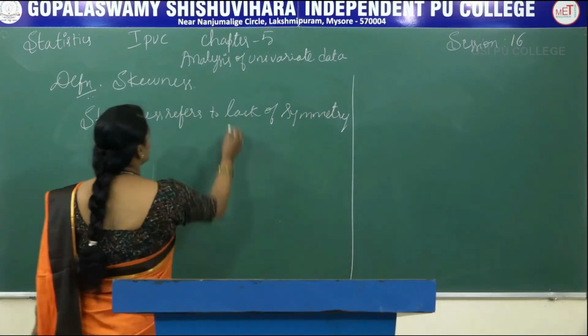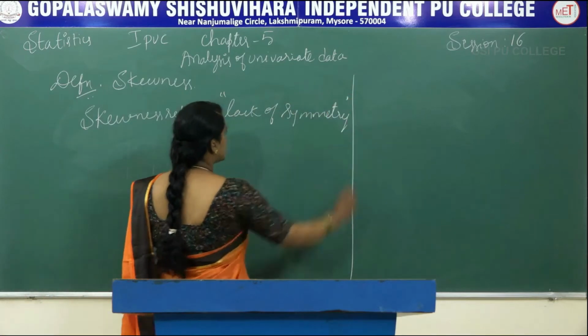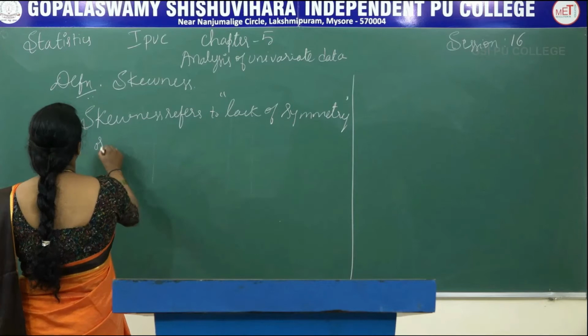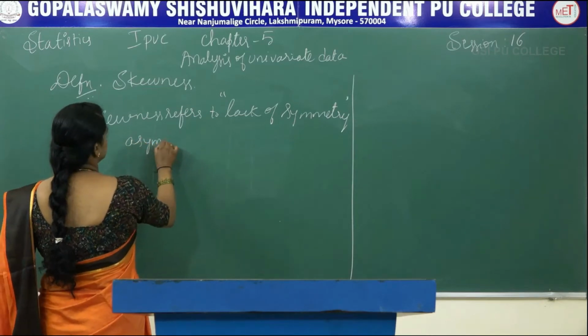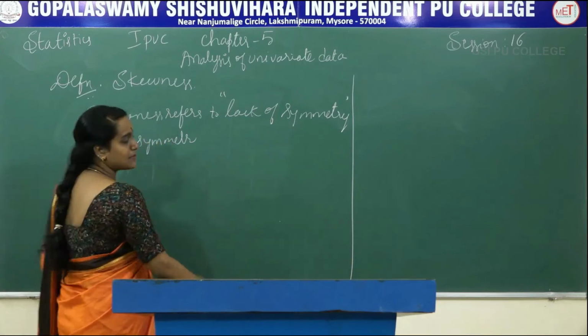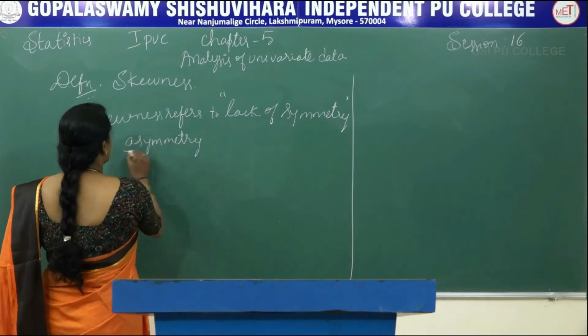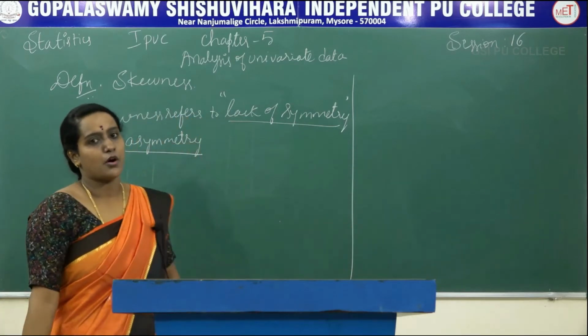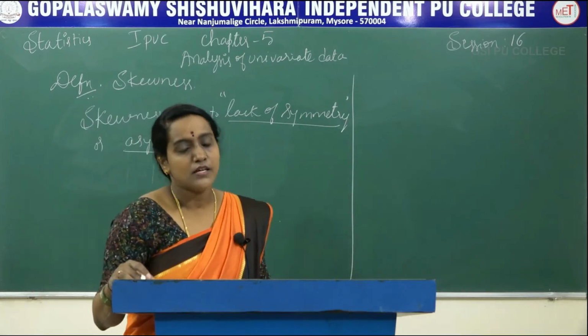This lack of symmetry is a very important phrase. Lack of symmetry is nothing but asymmetry. Lack of symmetry and asymmetry, these are very important words in the definition of skewness.